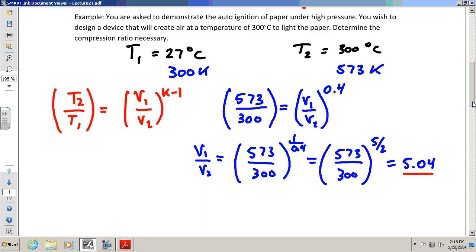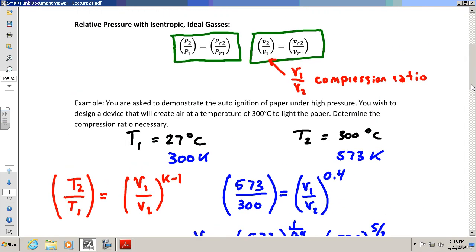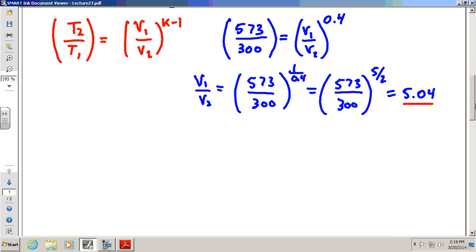In particular, I would suggest we use the second equation I have marked in green, the one on the right, because it says V2 over V1 is equal to VR2 over VR1. Well, you could also write that second equation as V1 over V2 is equal to VR1 over VR2. Same thing, I just flipped it. Nothing controversial there.